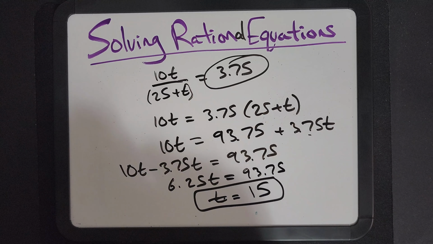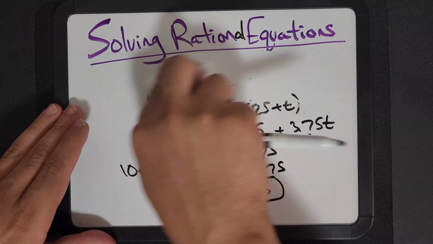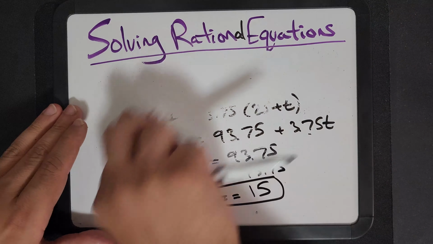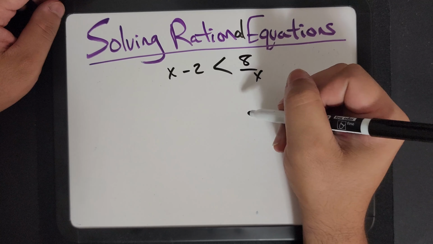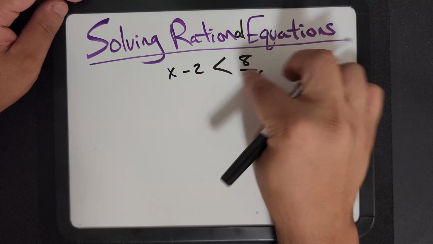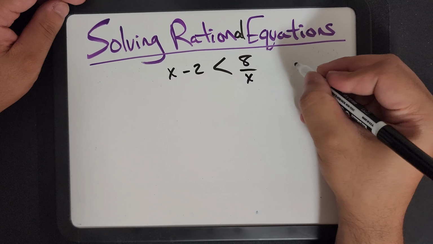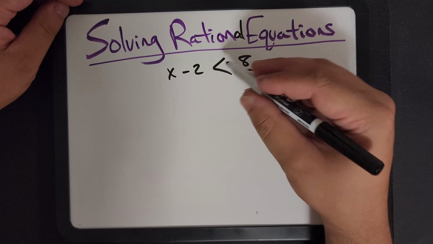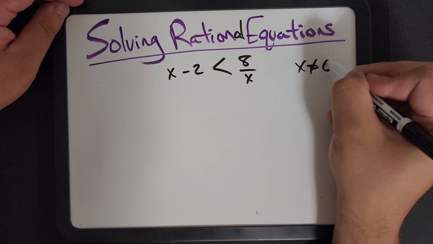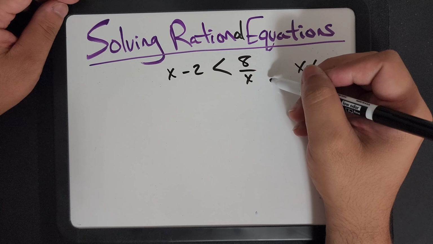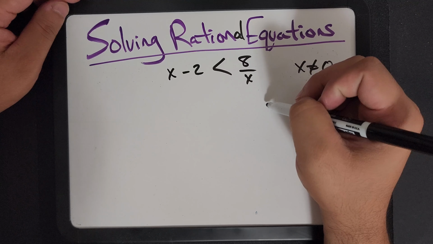For example, I don't know if we ever touched on inequalities, where we have x minus 2 is less than 8 over x. And first things first, x cannot be 0.